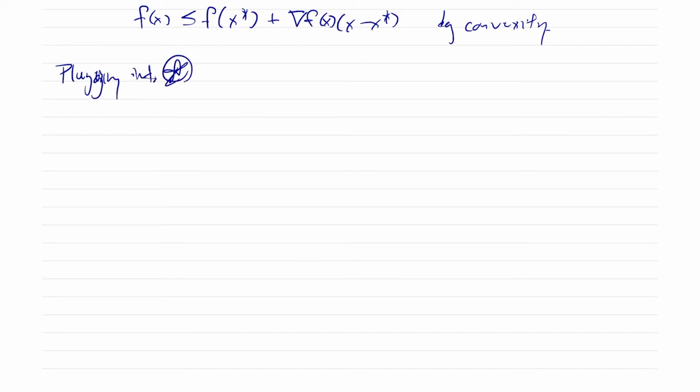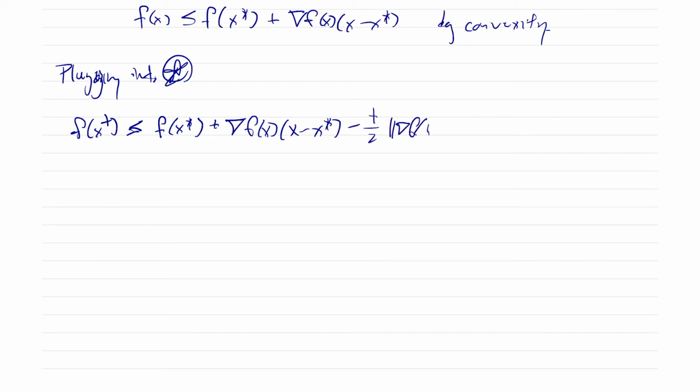Replacing f of x with the quantity on the right, we have f of x star plus the gradient of f of x times x minus x star minus t over 2 times the norm of the gradient of f of x, and that quantity squared.